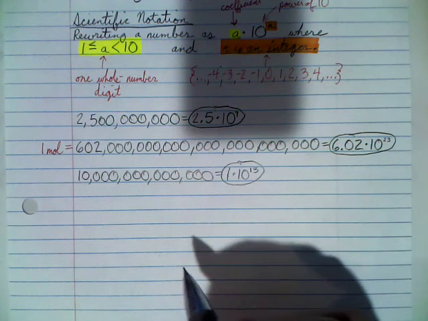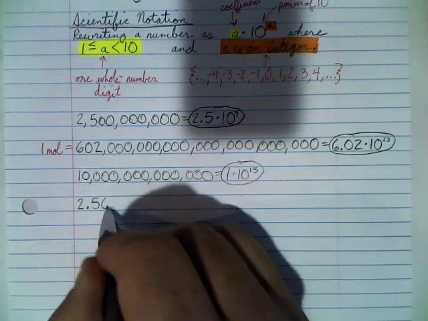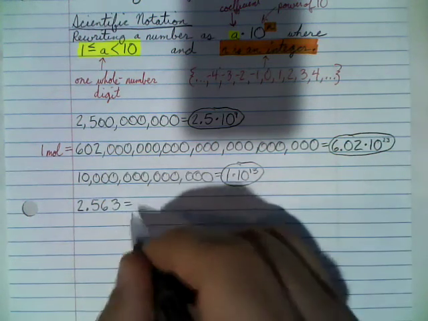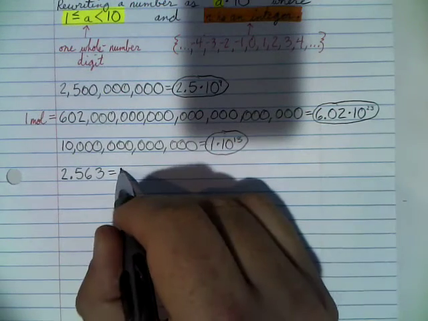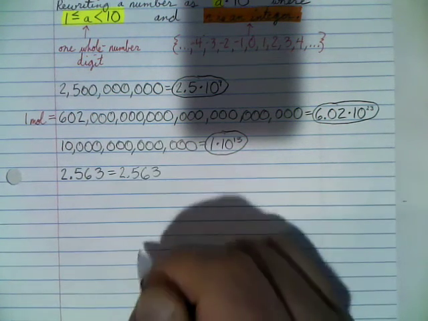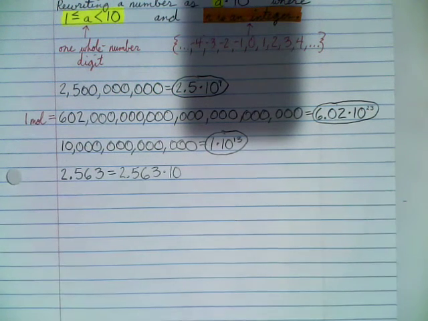All right, next example. 2.563. Well, conveniently here, we already have a single whole number digit. So my coefficient obviously is 2.563. But to turn this into scientific notation, I would need to multiply that by a power of 10.